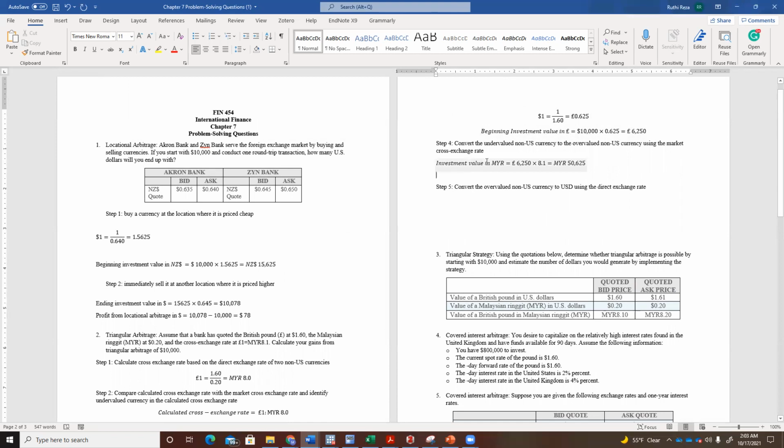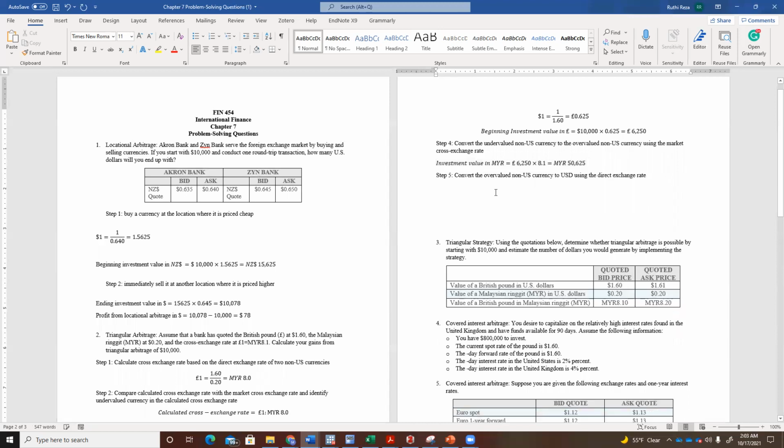So investment value in Malaysian ringgit is equivalent to 50,625. Now we are going to convert our Malaysian ringgit into US dollar using the direct exchange rate. That is the very last step.